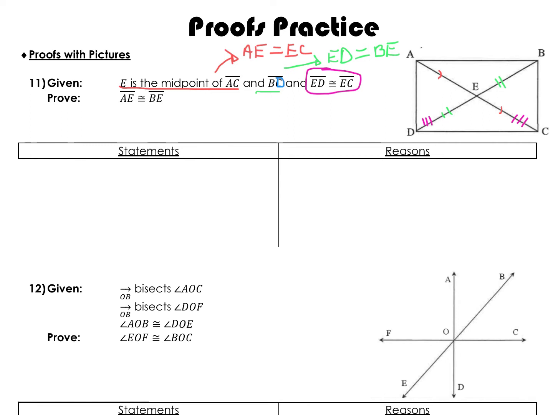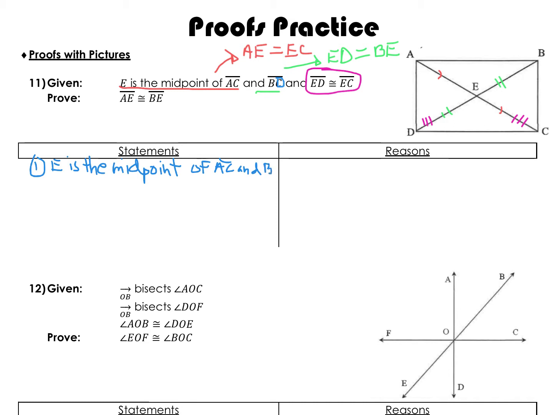So let's start with what we know for sure, and that's our first statement. So our first statement is going to be our given. So E is the midpoint of AC and, I'll squeeze that in here, BD.